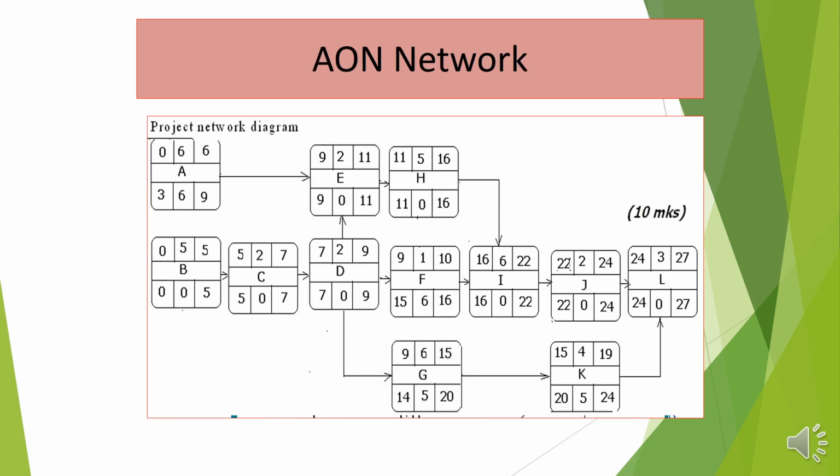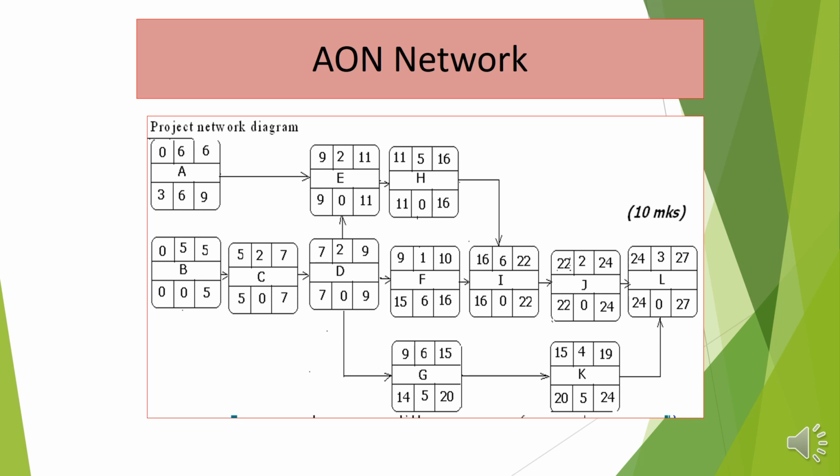So we can draw the network from the table, knowing the time and the precedence relationships. We know that A is not preceded, so is B. B precedes C.